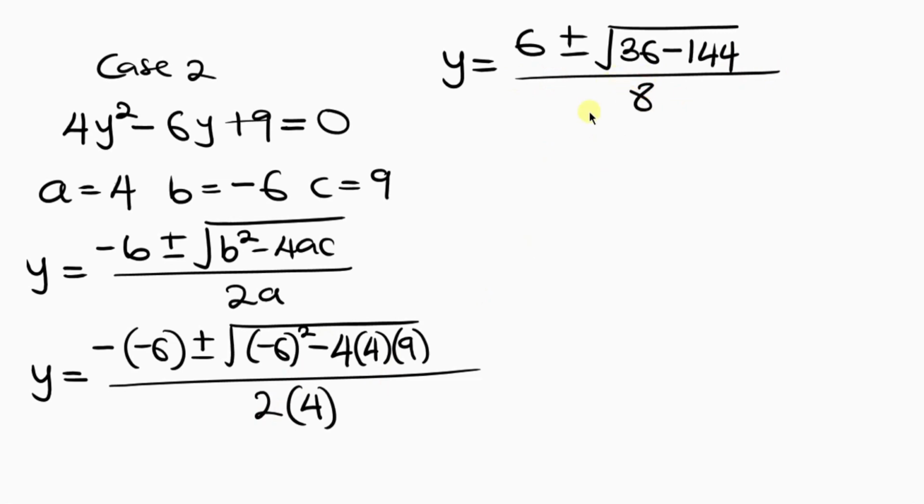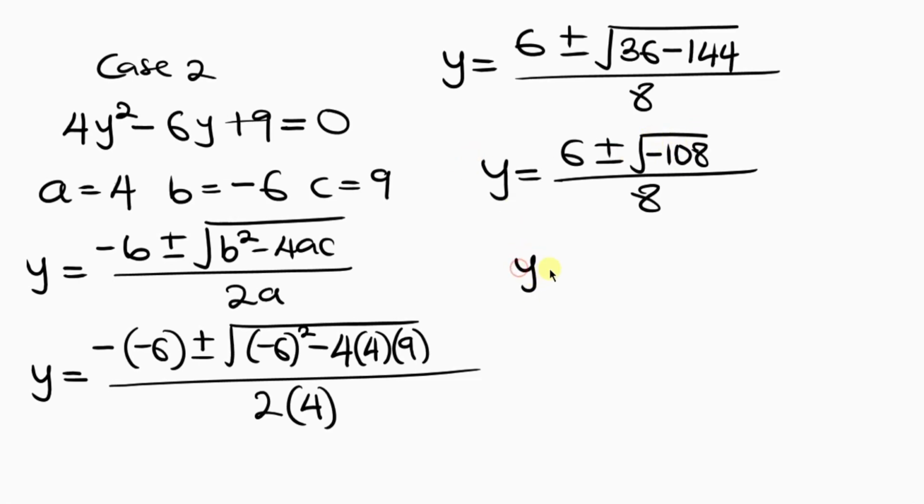is 8. And now simplifying what we have here, we're going to have y to be 6 plus or minus the square root of 36 minus 144, which is negative 108, all over 8. Remember, we've simplified this before, so we're going to be using the result we've got from our previous case.